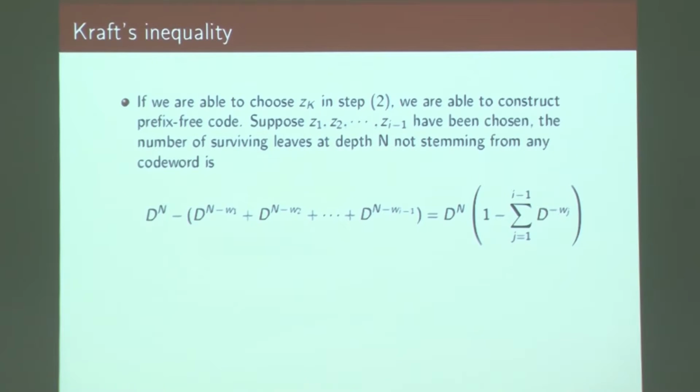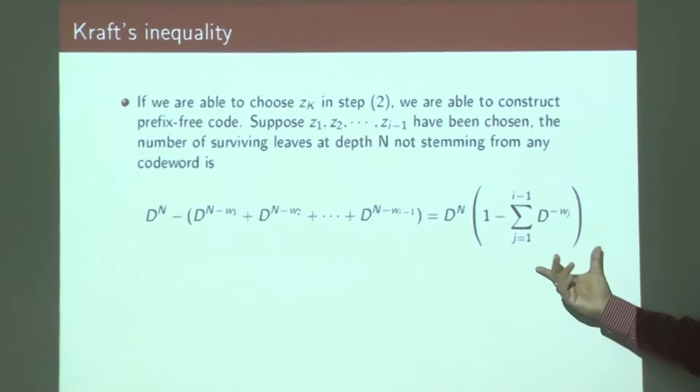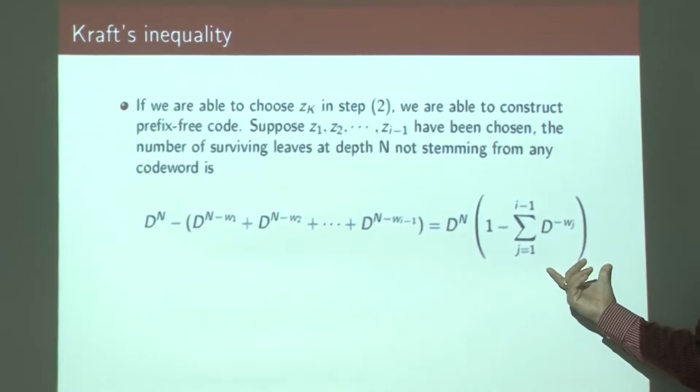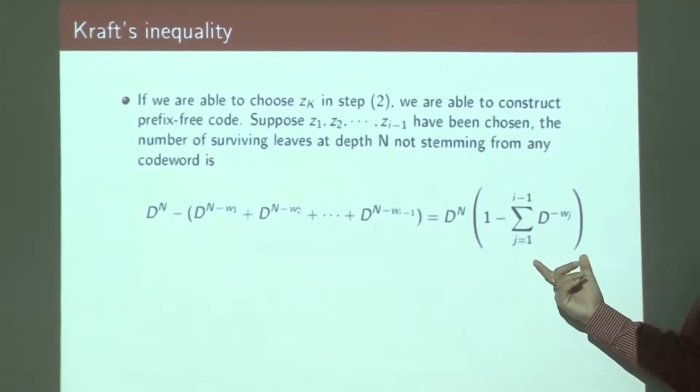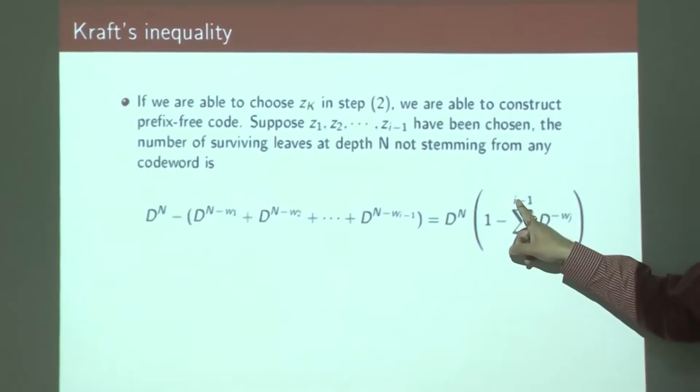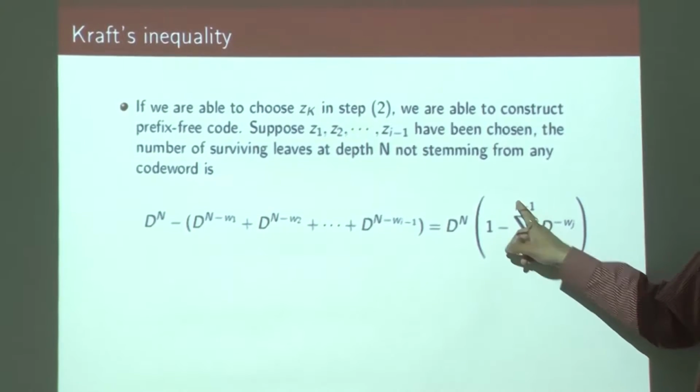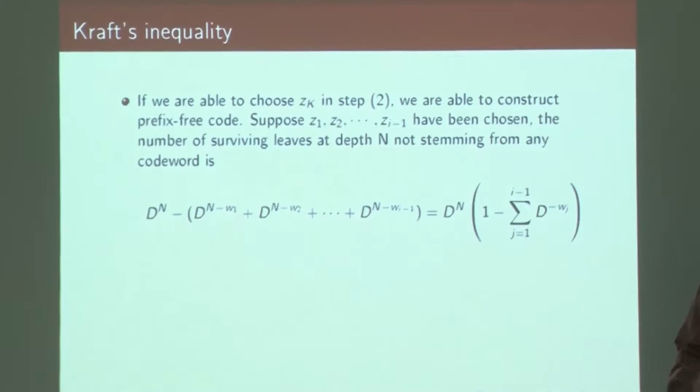That is this. Is this number non-zero for i less than or equal to k? Is this number non-zero? When Kraft inequality is satisfied, the summation from 1 to k is less than or equal to 1.